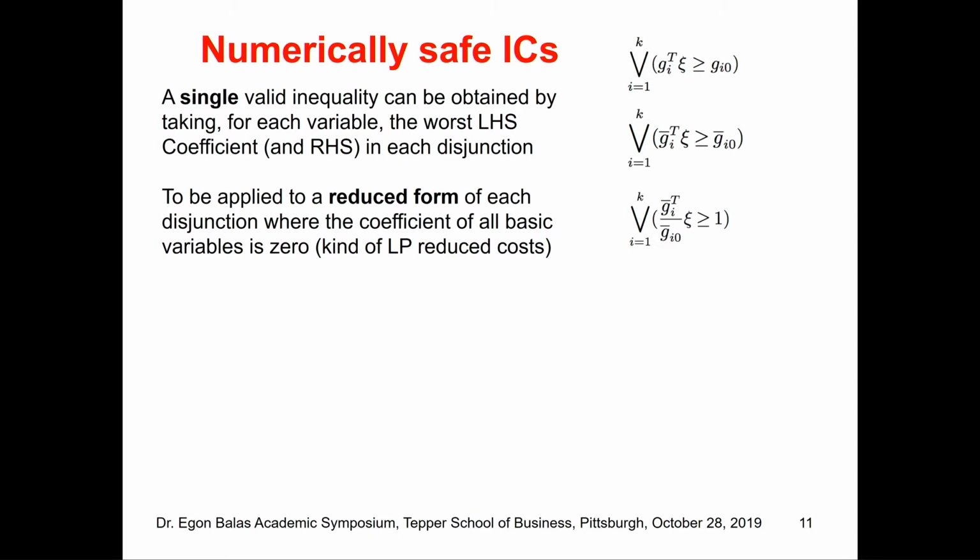The left-hand side is 0 for the optimal basic solution, again, because of complementarity. The coefficient is 0 when x is positive and the other way around. So if this is violated, the right-hand side must be strictly positive. And then you just divide everything in order to get the same right-hand side.